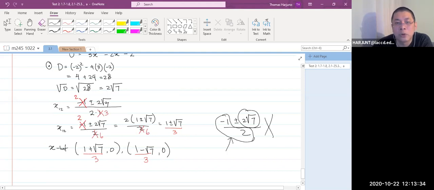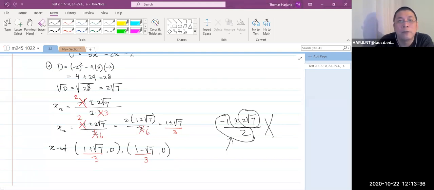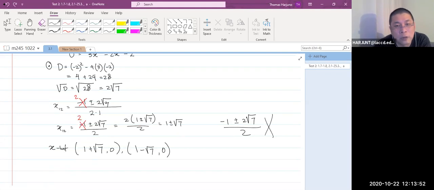So imagine if our friend didn't tell me, Thomas, your denominator is supposed to be 3. Okay, let me show you. Suppose I leave my answer like that. We know this is wrong.